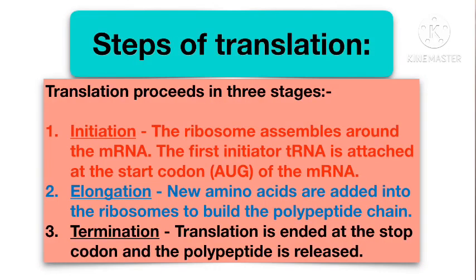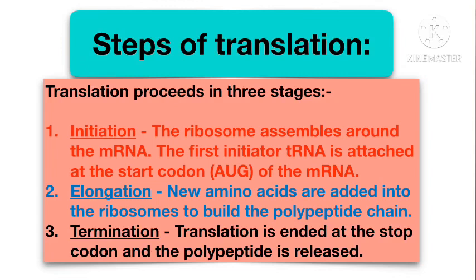Well, the fundamental process of translation in all organisms basically proceeds in 3 stages, which are initiation, elongation, and termination. During initiation, the ribosomal subunits assemble around the mRNA, and the initiator tRNA with methionine amino acid is attached at the start codon, which is AUG of the mRNA.